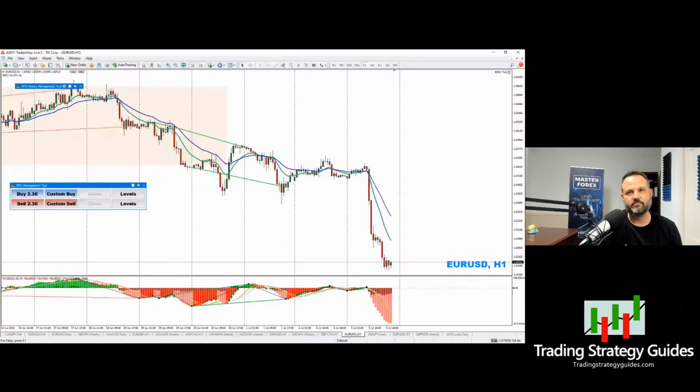All right, so the first one we're going to go over is the convergence strategy. If anybody remembers what convergence means, the price and the indicator are moving in the same direction. So one way to trade this is just to use price action and to trade it in the direction of the indicator.